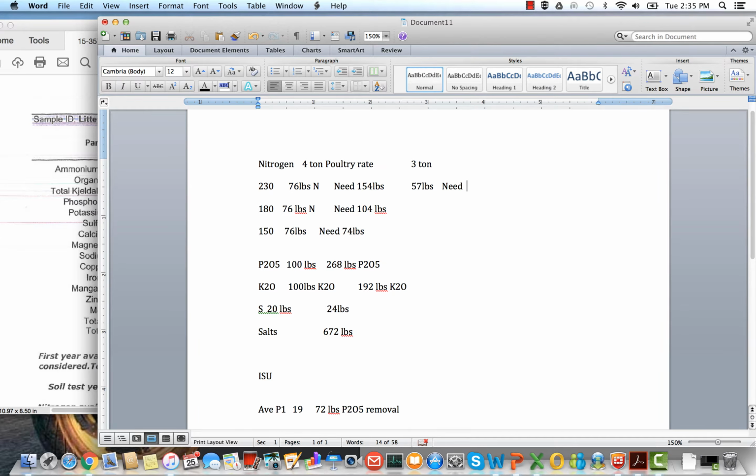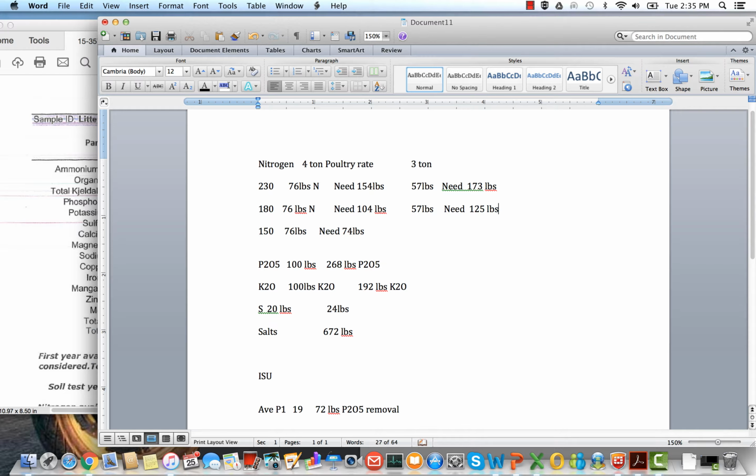$230 minus 57, 173 pounds of additional commercial fertilizer. Here we're again 57 pounds and need 180 minus 57. So, I'm just going to round this up.